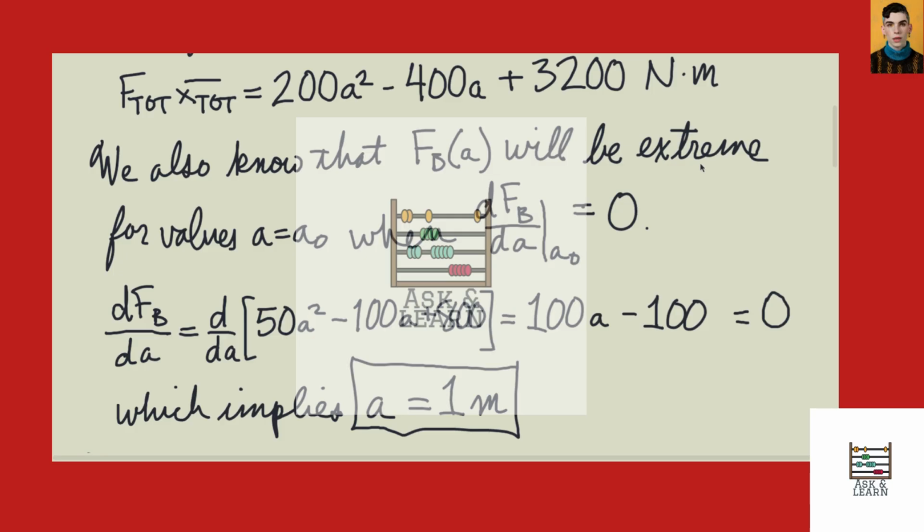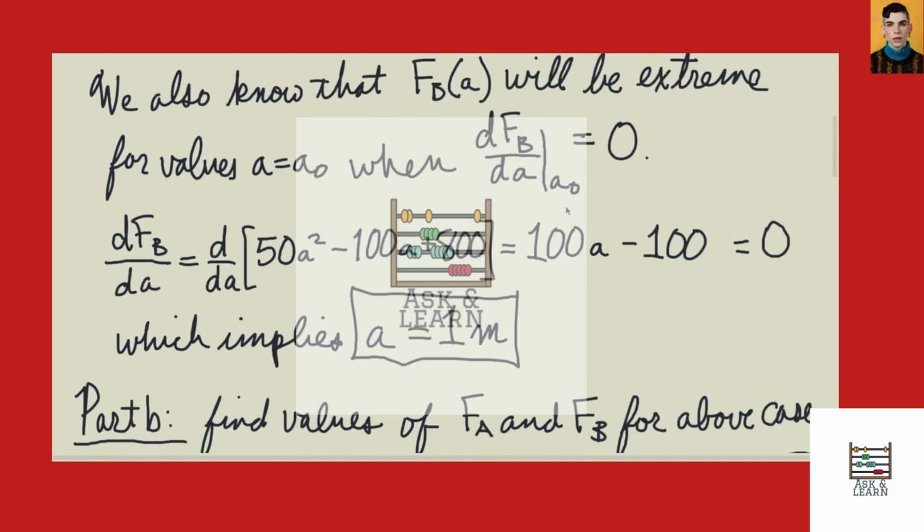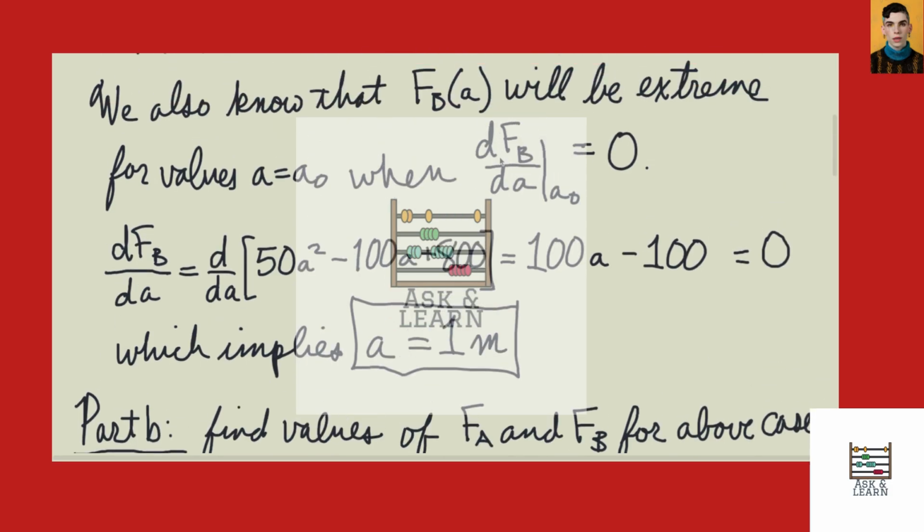We would have to verify afterwards, after we find a value such that the derivative of F B in terms of A is equal to 0, if that is in fact a minimum or a maximum. We can also do that by taking the second derivative and noting whether it's convex with a positive value or concave with a negative value.